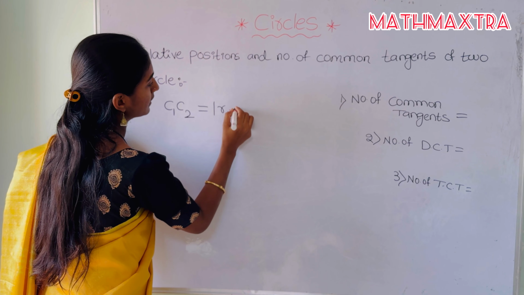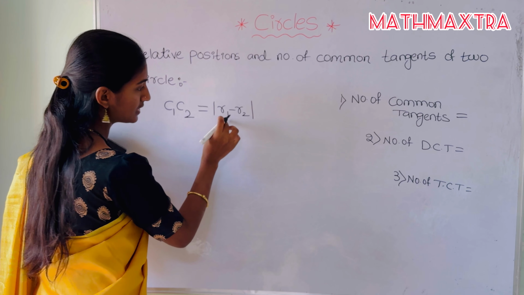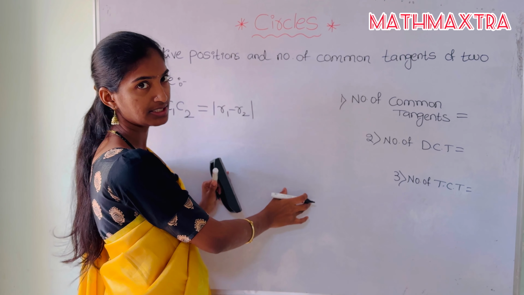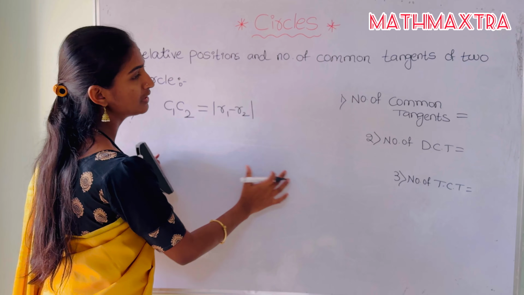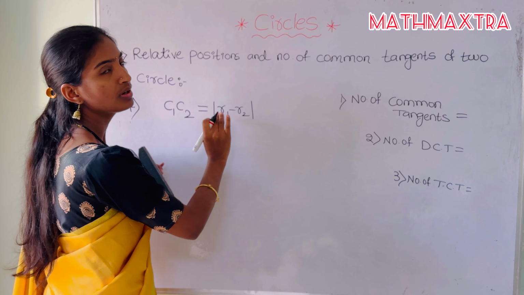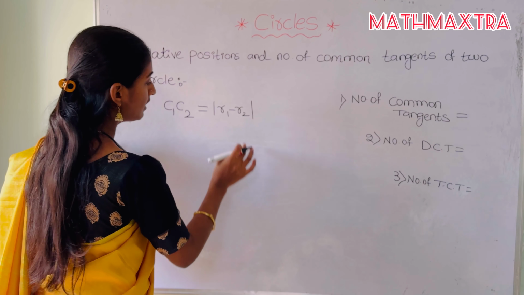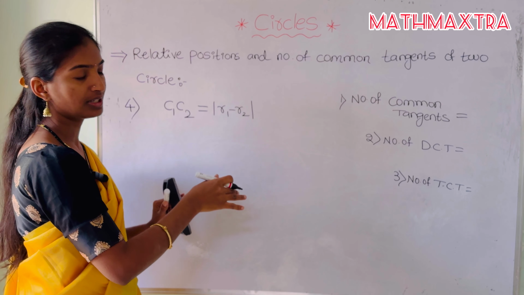Okay. The fourth case is if the distance between the two centers is equal to the difference of the two radii. If R1 is the radius of the first circle and R2 is the radius of the second circle, so this distance between the two centers is equal to the difference of the two radii. Then let's see what is the position of the two circles.